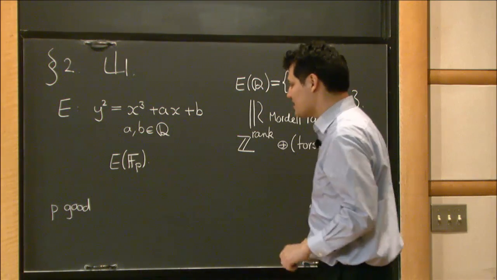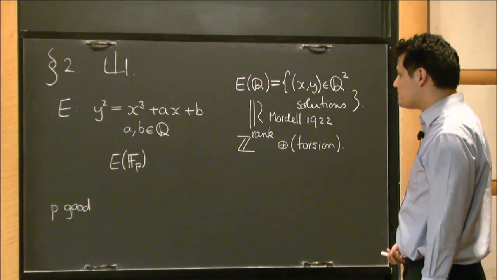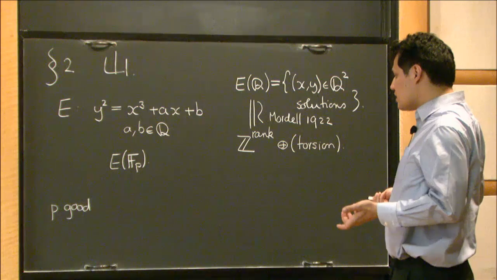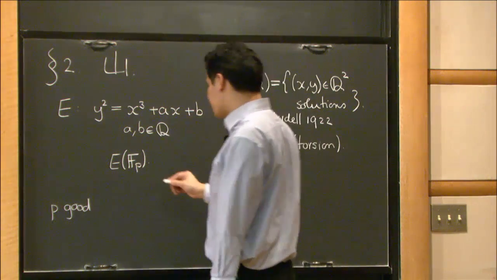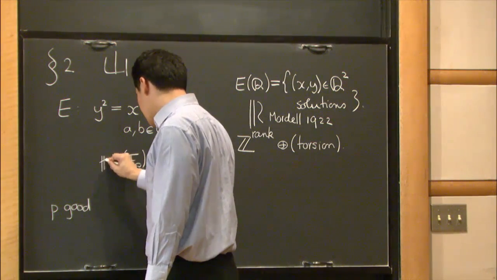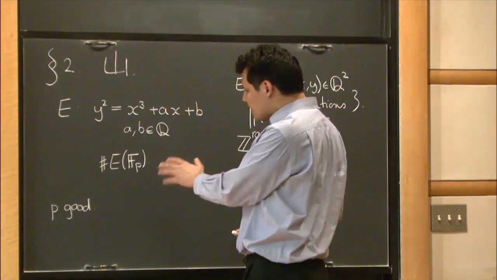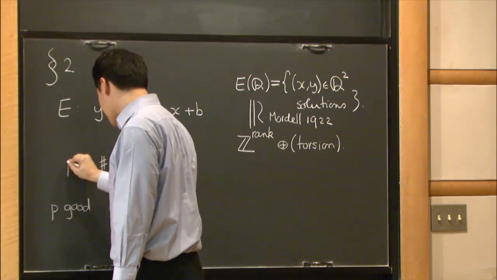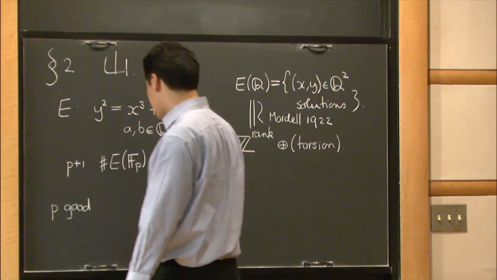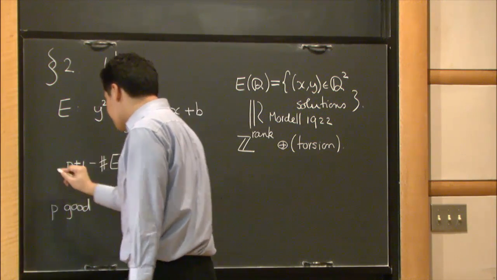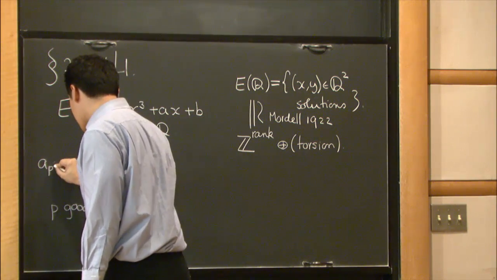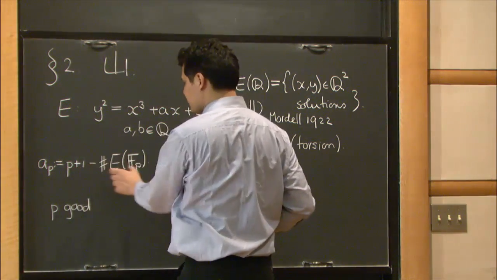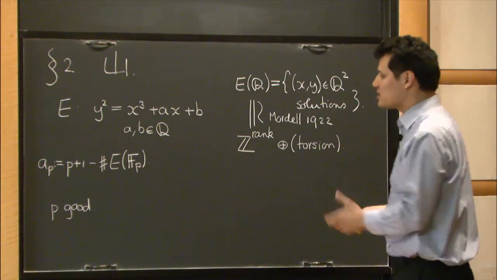There's only finitely many bad primes. Well, it turns out that the cardinality of this solution set is approximately equal to p plus 1. And the difference, a sub p, which is the difference between p plus 1 and the actual number of solutions, turns out to be small.